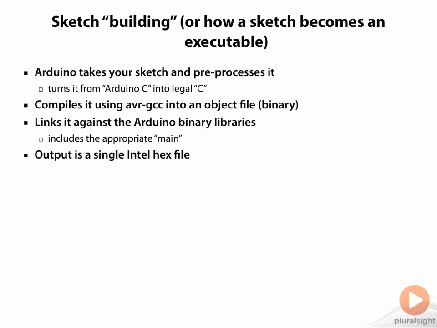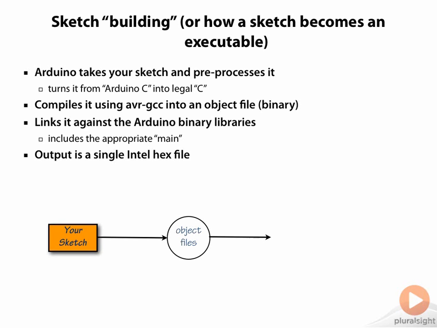It links that with Arduino specific binary libraries, so the main and any other pieces of code that are needed for a particular board, and it outputs that into a single Intel hex file. So your sketch, pre-processed, linked with object files, and then we have the hex file.